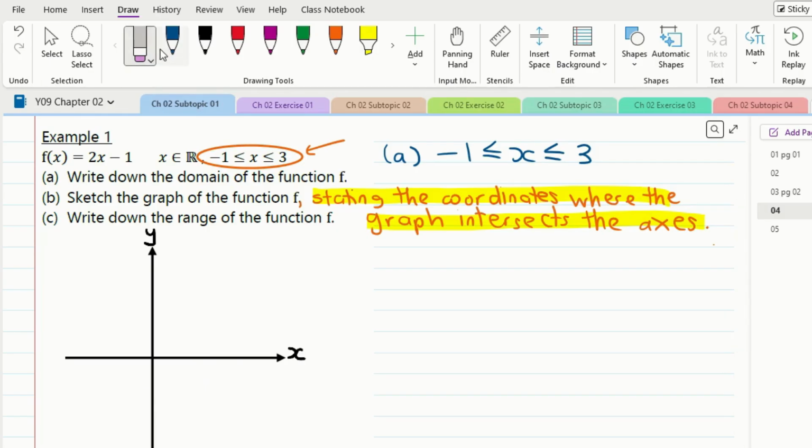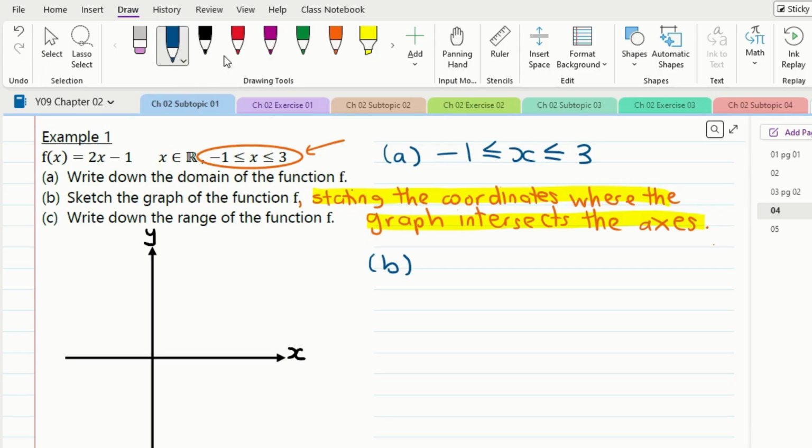Now here, the function is f(x) equals 2x minus 1 with the set of input values, or the domain, -1 to 3. So my suggestion here is for you to begin with what is the beginning and what is the end of the graph, horizontally.